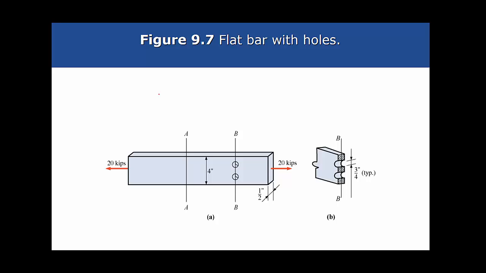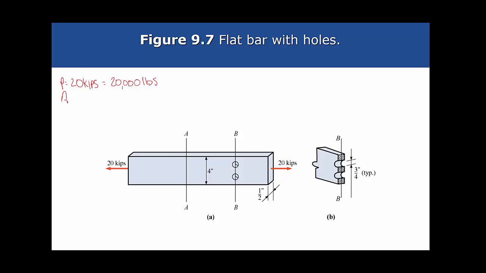So, through section A, what all do we know? We know that P is 20 kips, or 20,000 pounds. We'll use the 20 kips, if that makes it easier for you to understand. What else do we know?